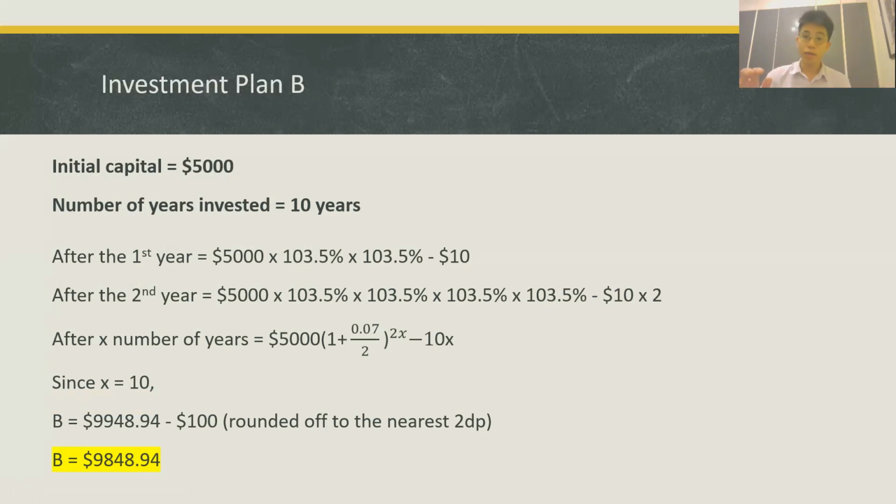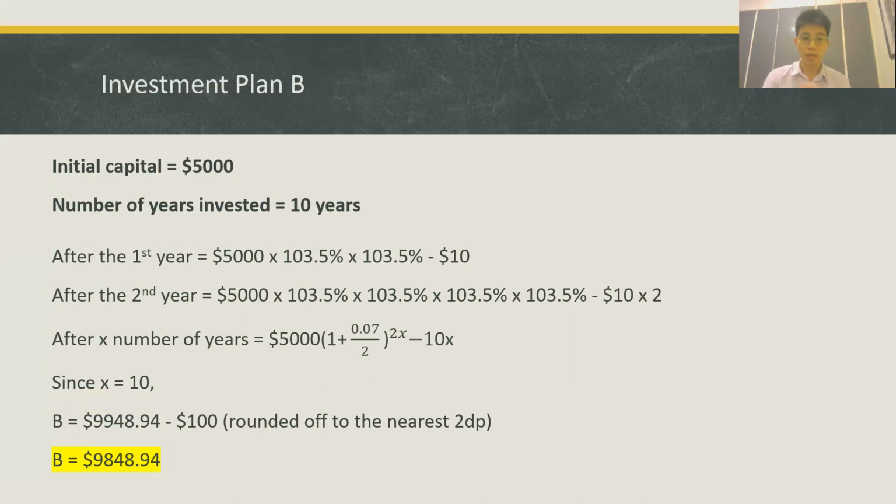Because there are 6-month durations inside a 2-year period, which means the $5,000 will be compounded 4 times by 3.5%.